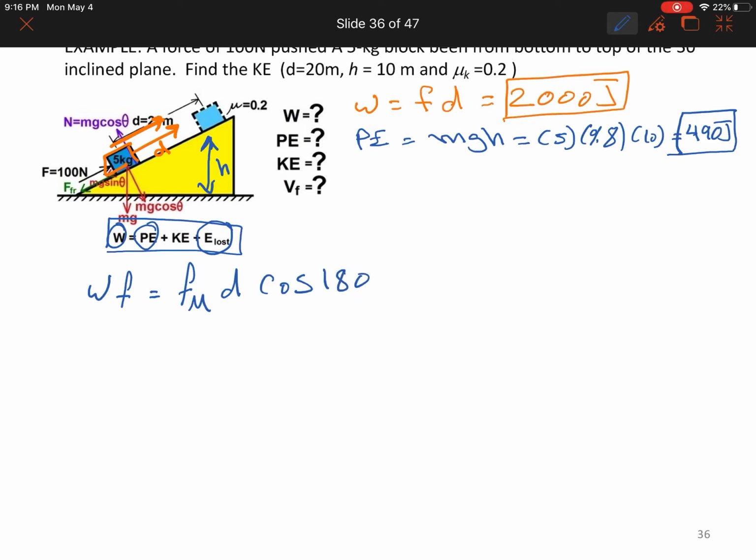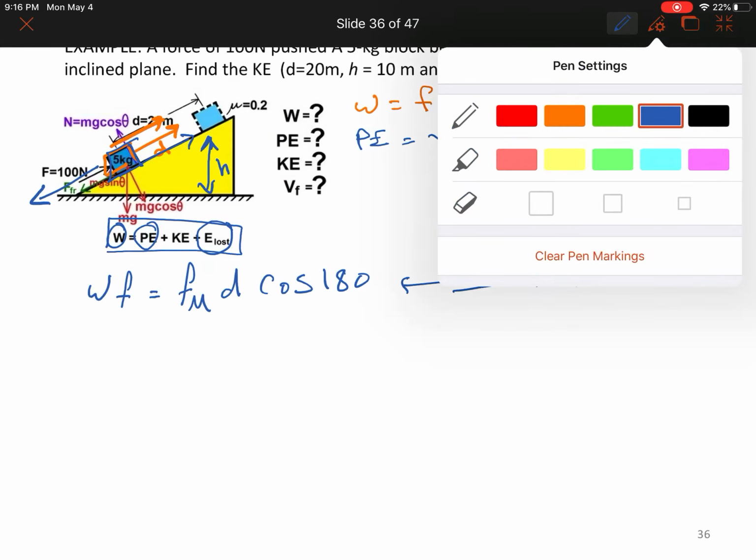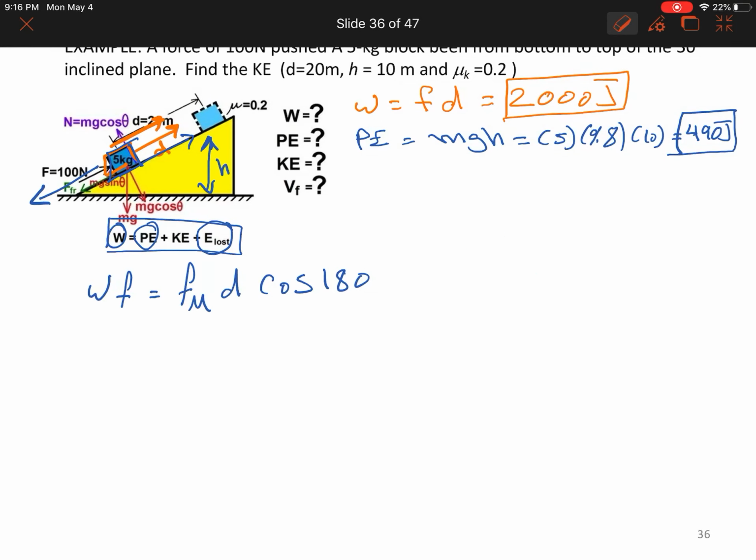Why is it 180? Because remember, if the block's distance is heading this way, the friction is always acting the opposite way. So if the distance is heading in this direction and the force friction is heading the opposite direction, the angle in between is 180 degrees. And cosine 180 is -1.